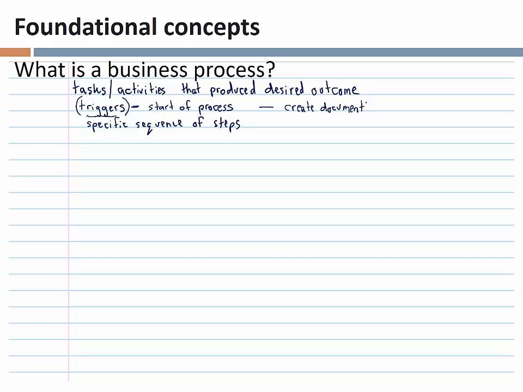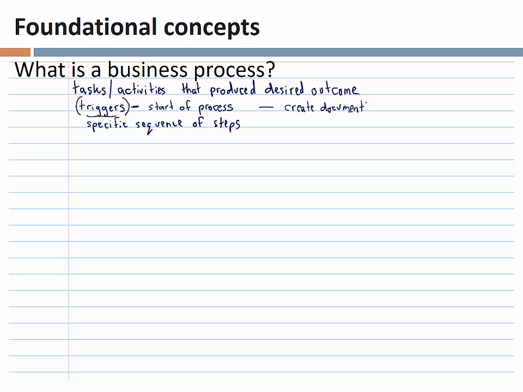And as documents are created, we look at that document and say, oh, we need to do this. Oh, we need to do this. And so there's a giant brain, if you will, in our enterprise information system that's continually looking for new documents that are created and responding appropriately.